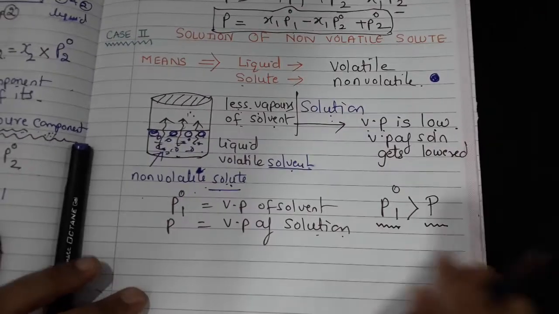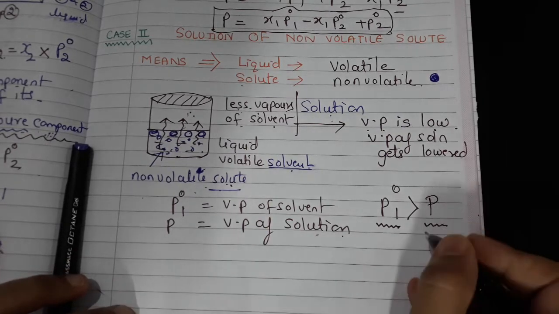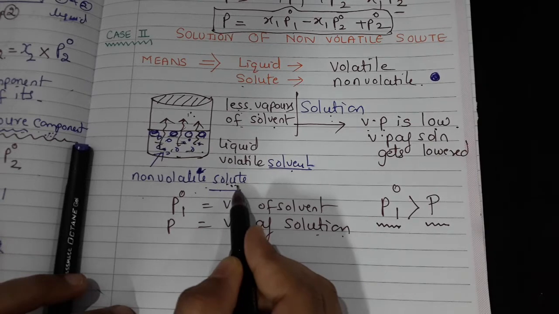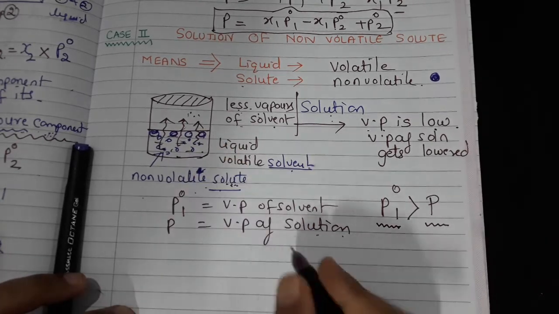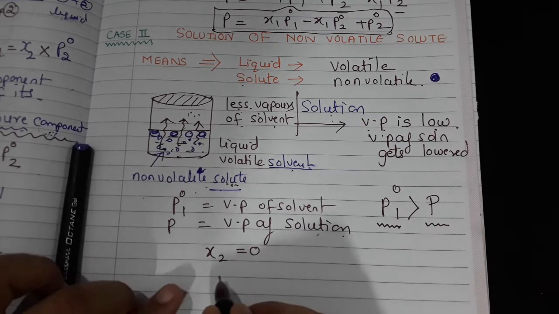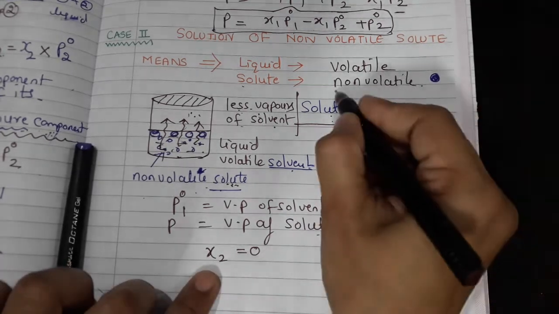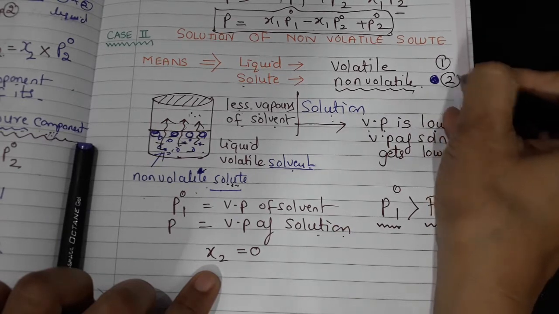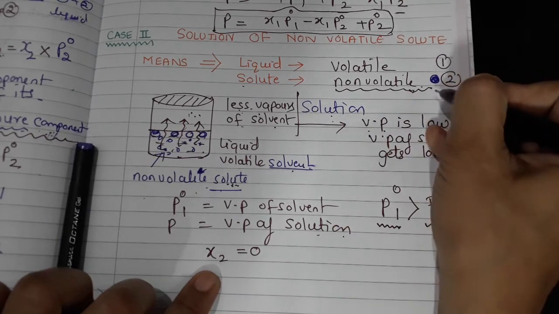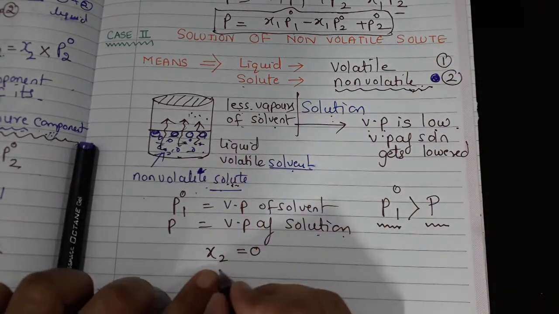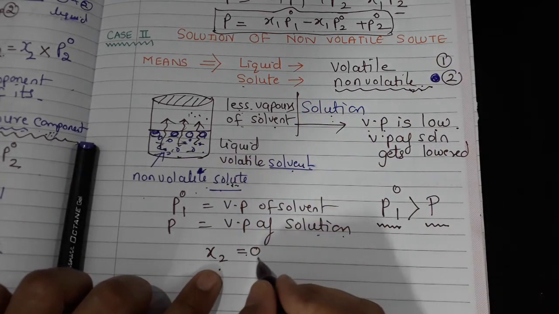Now when this is the case, it means component 2, that is the solute, is not going into the vapor state. So I put x2 is equal to 0. I hope you understand this, because component 2 is non-volatile. This is component 1, and component 2 is non-volatile, so it is not going into the vapor state, and hence its contribution in the vapor state is 0.